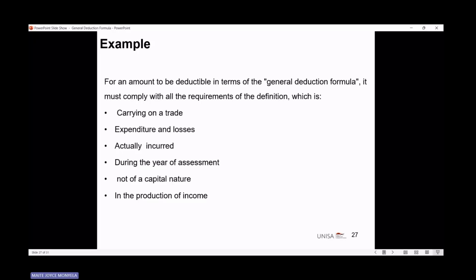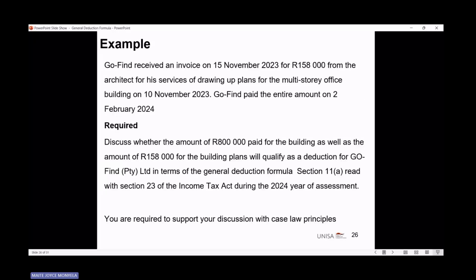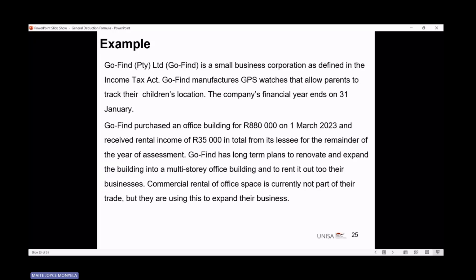We are testing whether the expenses were actually incurred. So the taxpayer paid 880 for the building on 1 March. Remember, we said on 1 March in the question. Remember, the dates are very, very important. You will see later why I say the dates are very important.